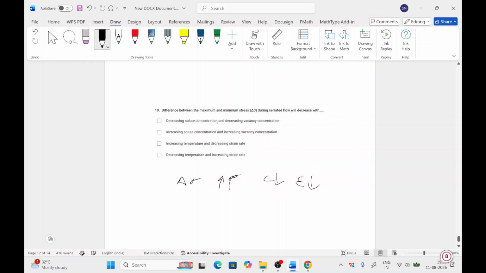So decreasing solute concentration and decreasing vacancy concentration reduces the diffusion and locking of dislocation. So first is correct, second is incorrect. Increasing temperature and decreasing strain rate, no, this is wrong. Decreasing temperature and increasing strain rate, this is correct. So A and D are correct.